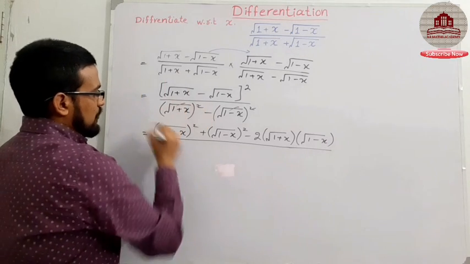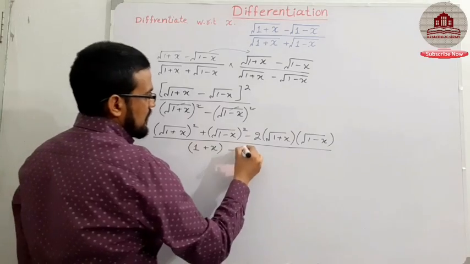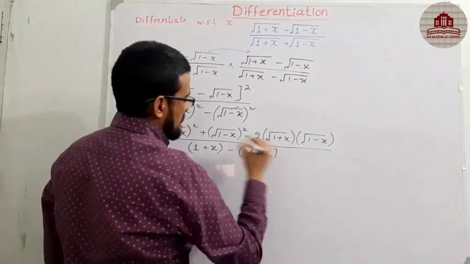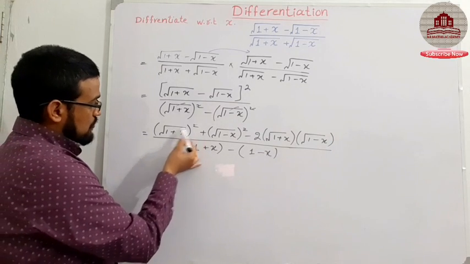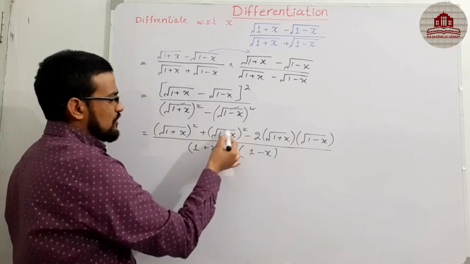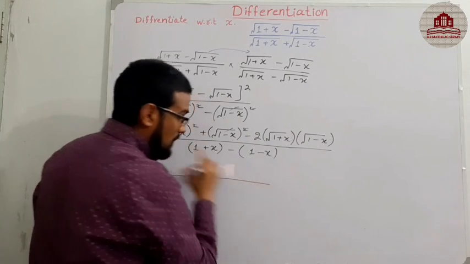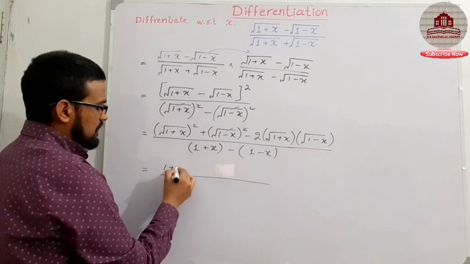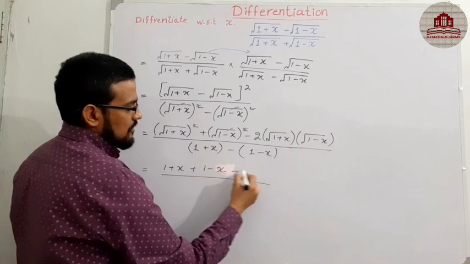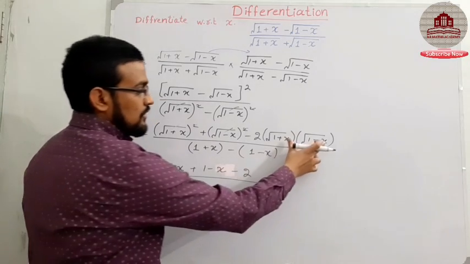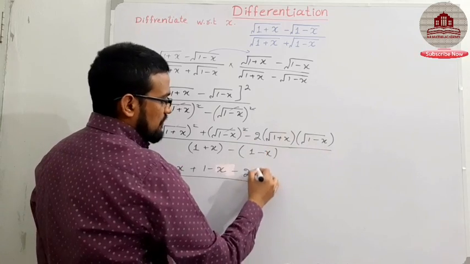And in the denominator, the square roots are removed, so it means 1 plus x minus 1 minus x. In the numerator, the 2 cancels out with the square root, and the remaining terms are 1 plus x, 1 minus x, minus 2, and these two terms are multiplied with each other.